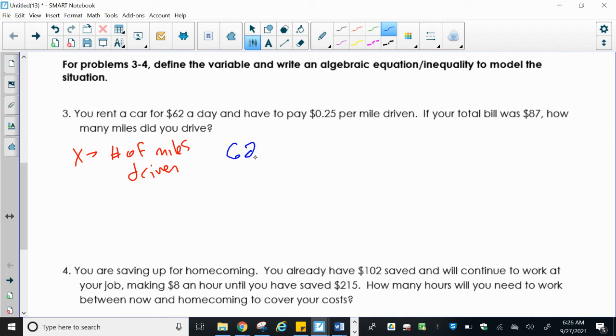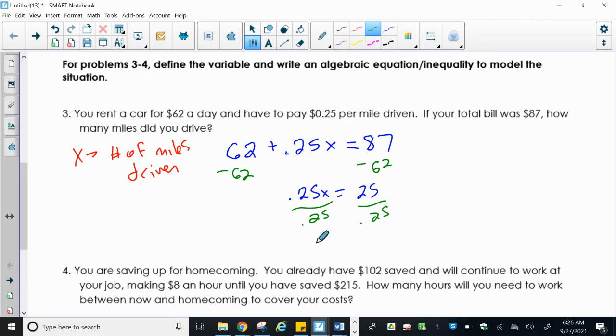So we say 62 plus 0.25x, and the total bill was exactly $87. So equals 87. And now we can solve. So 0.25x equals 25.